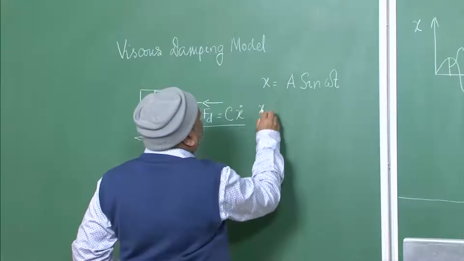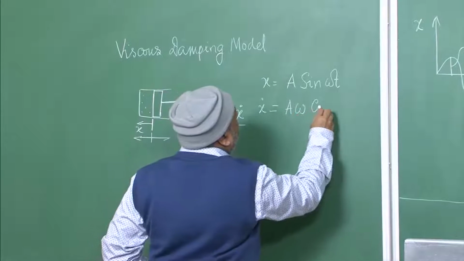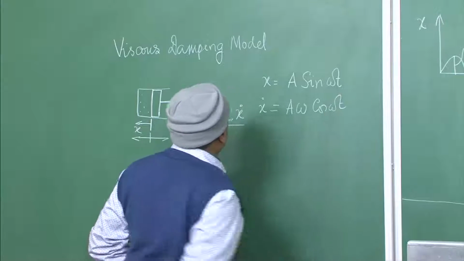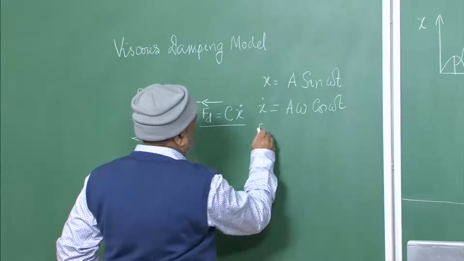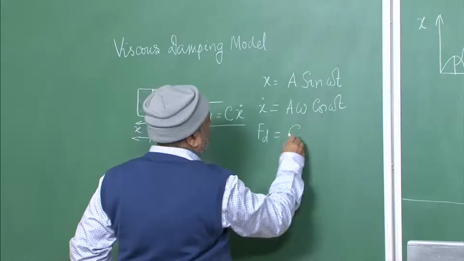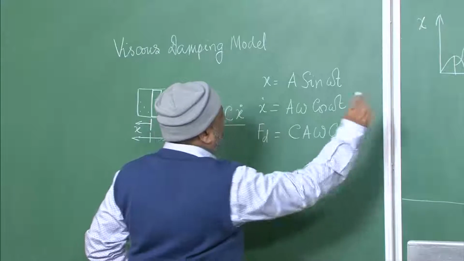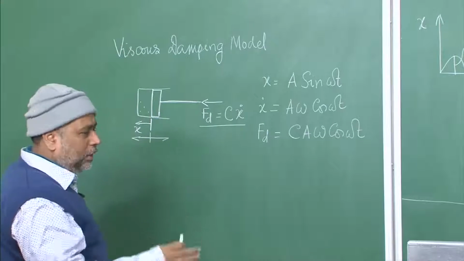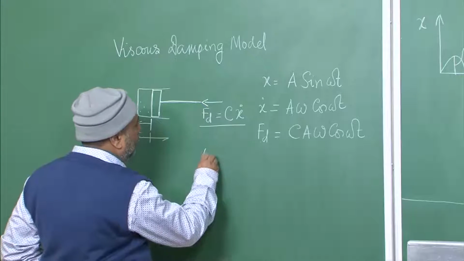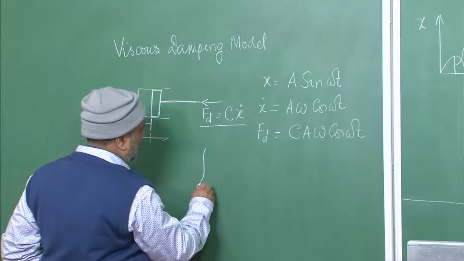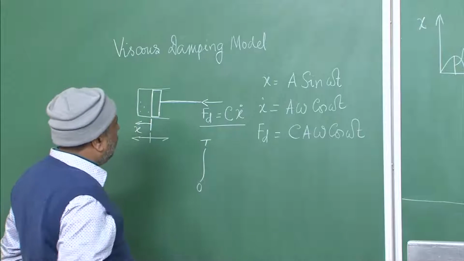So, x dot will be a omega cos omega t, and let us say the force is C a omega cos omega t. The energy that is dissipated per cycle is for a time period of 0 to T, where T is 2 pi by omega.